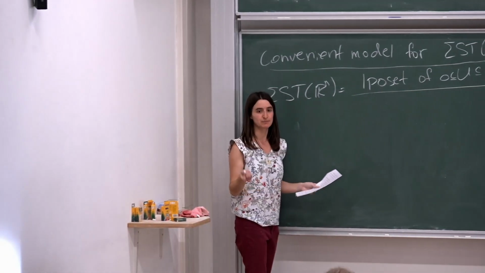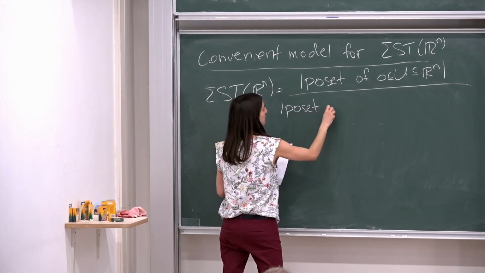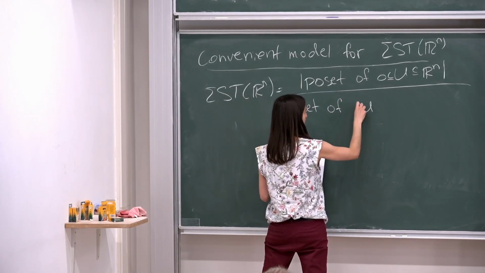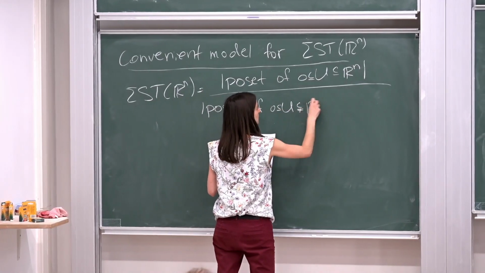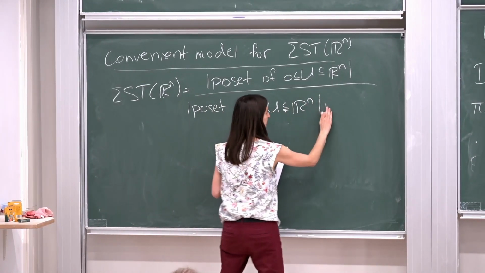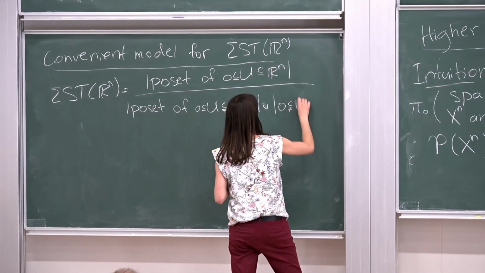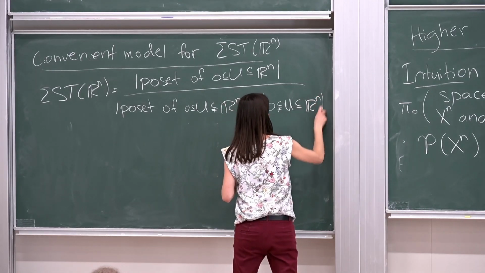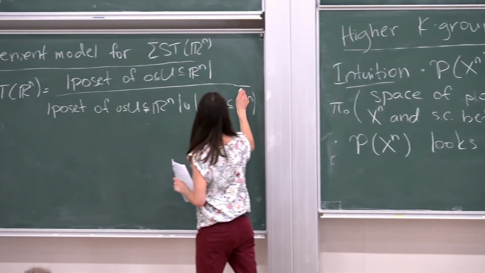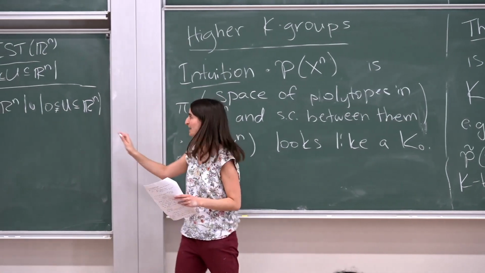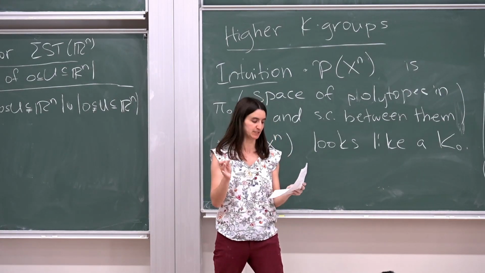And then we're modding out by some subposets: the realization of the poset of things that are strictly contained in R^n, and also the poset of things that strictly contain 0. So this is a convenient model for this twofold suspension, and this is where we start creating the algebraic structure really explicitly.